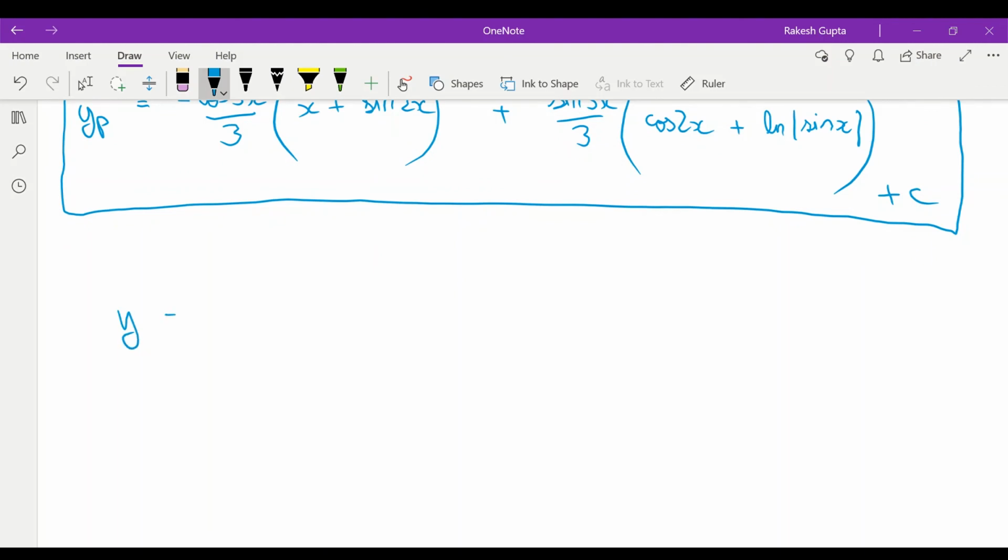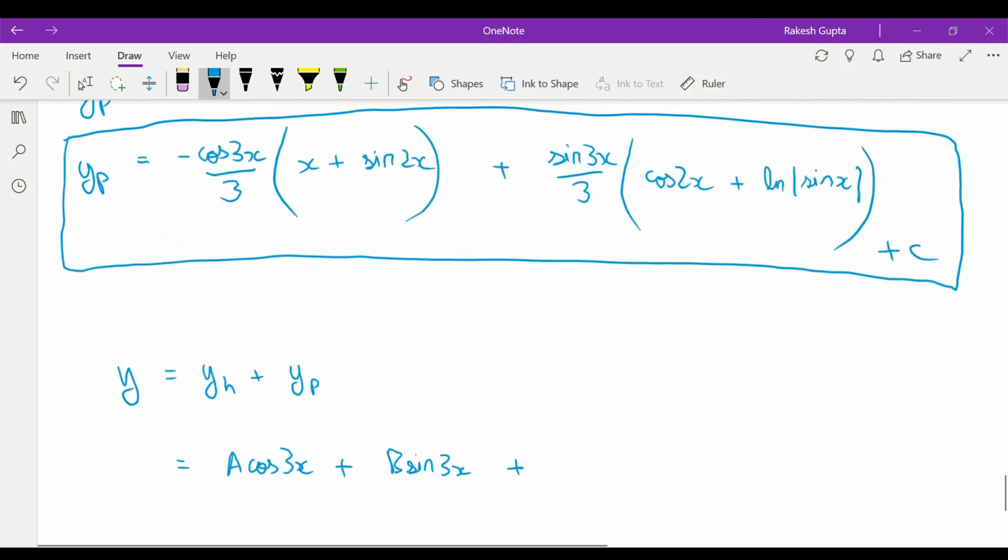General solution y is equal to homogeneous part plus the particular part. So the homogeneous part was a cos 3x plus b sin 3x. Now I'm going to add the particular part, which is right over here.